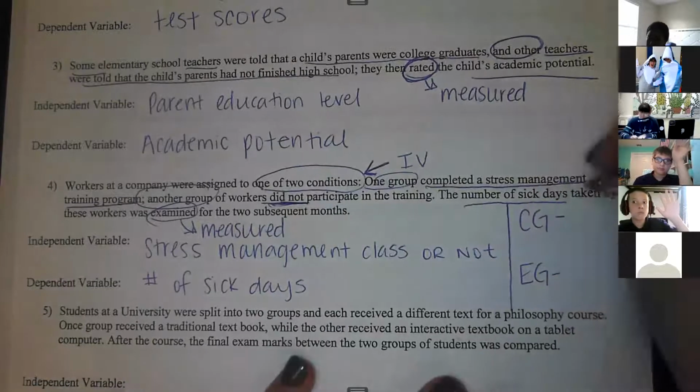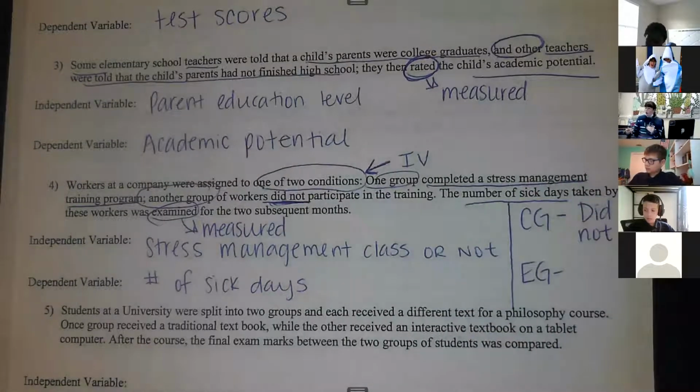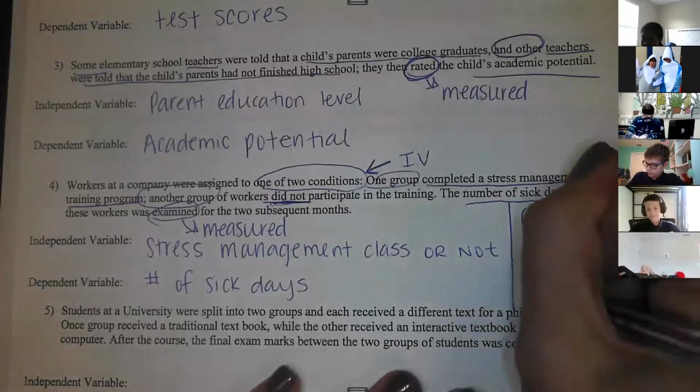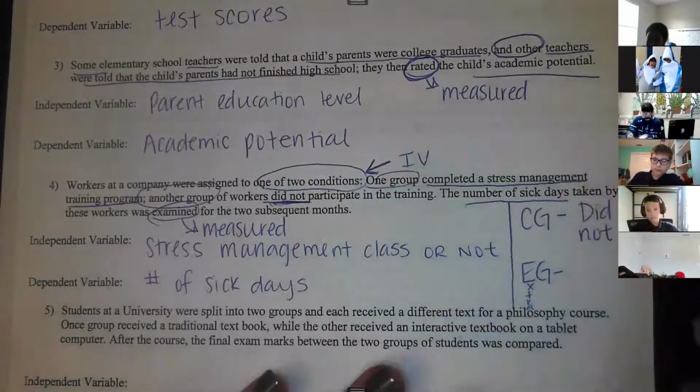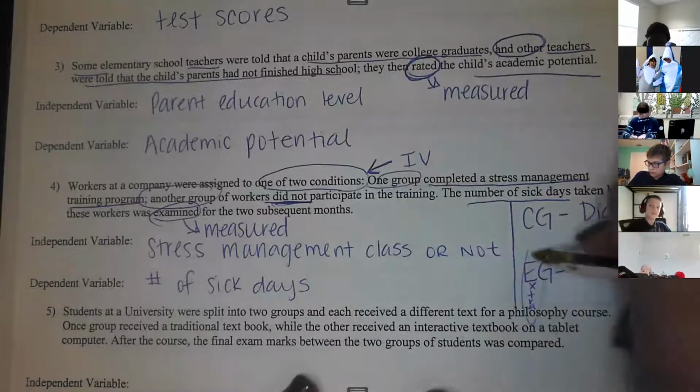The ones that did not. Remember, they're the OG, the ones without. Original gangsters go without. We don't have any of the extra stuff. Remember, the E stands for extra. So the group that got the extra training is our experimental group. Does that make sense? Because they got something extra.